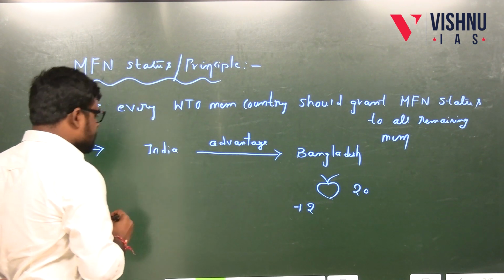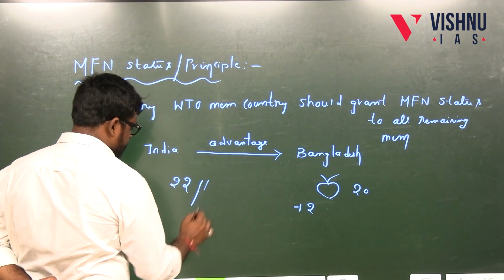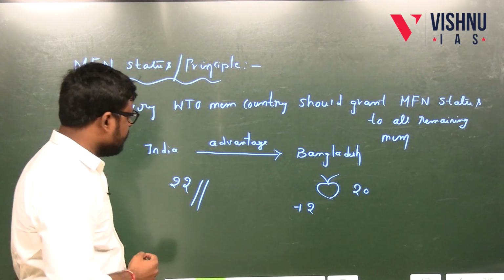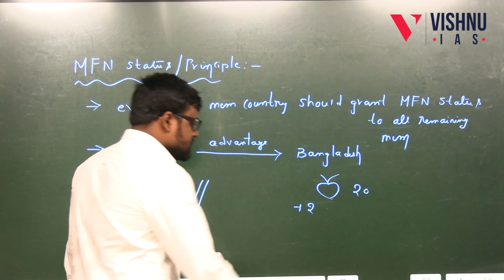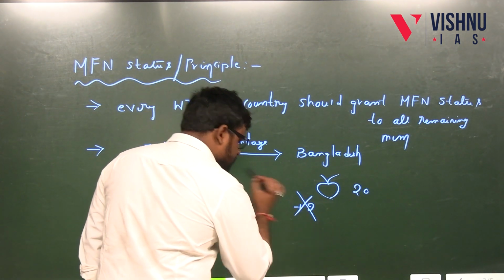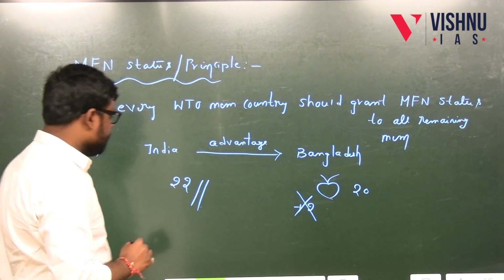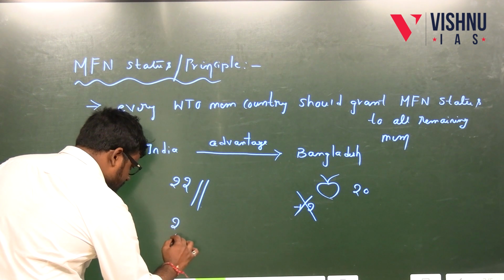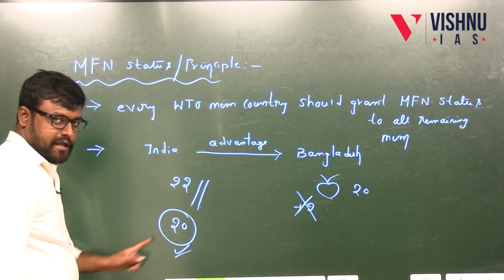Therefore, the cost of the Bangladesh apple in India became 22 rupees earlier, right? Now, India has given advantage to Bangladesh, that is, it eliminated this 2 rupees import duty on that apple. Therefore, now the cost of the Bangladesh apple will be 20 rupees only in India.